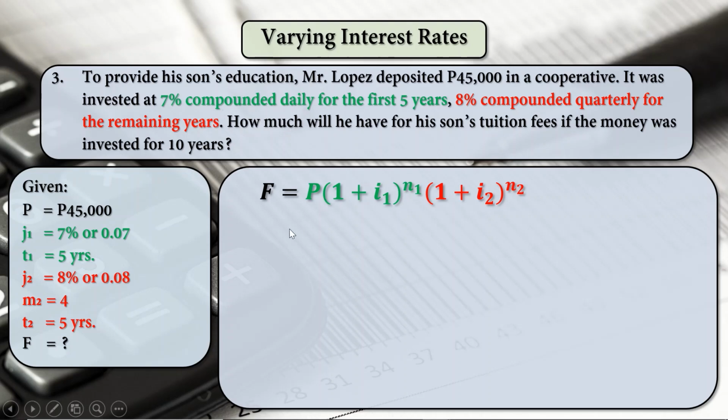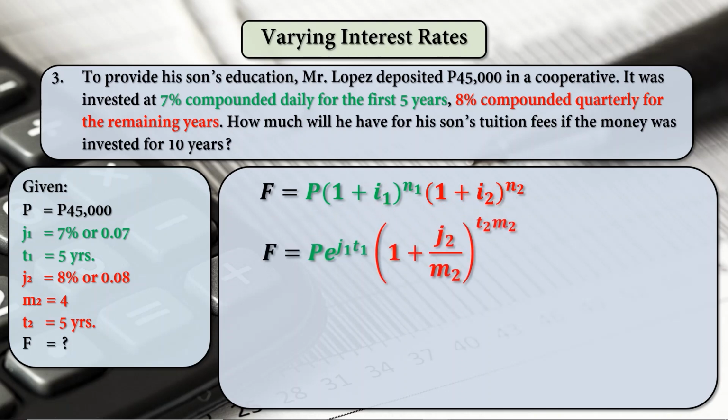So papalitan natin ng continuous compounding formula for F. So that is F is equal to P times e raised to j1 t1, okay? times 1 plus j2 over m2 raised to t2 m2. So this is the compound amount formula, okay, in finding for F in our second interest rate, and for our first interest rate, continuous compounding formula yung ginamit natin.